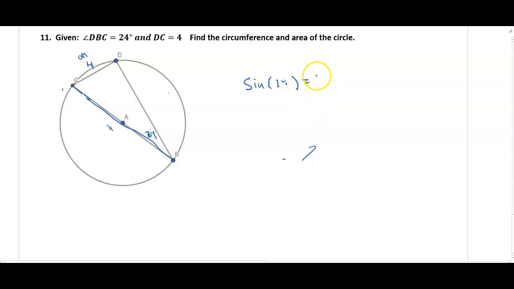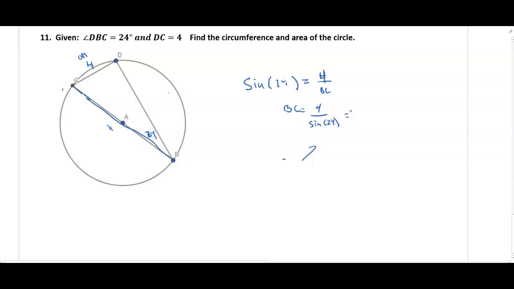is equal to 4 over segment BC. So right away we would get BC is equal to 4 divided by the sine of 24, right?